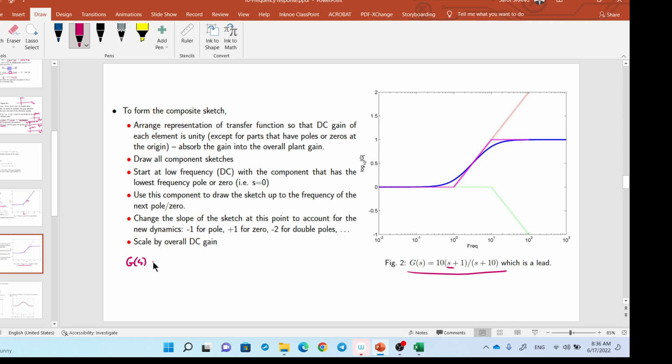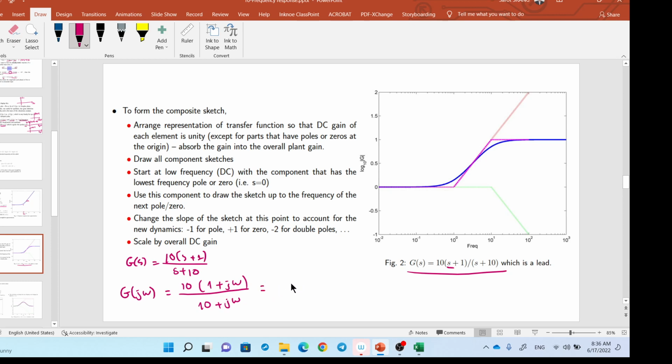G of s equals 10(s plus 1) over (s plus 10). So G of j omega is 10 times (1 plus j omega) over (10 plus j omega).